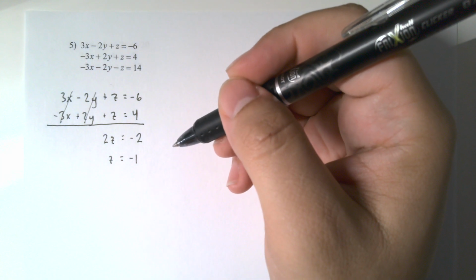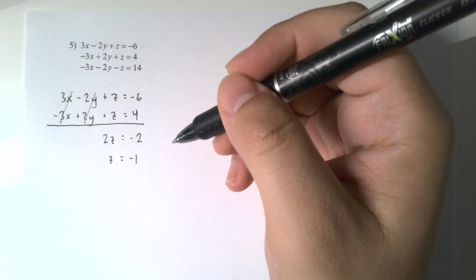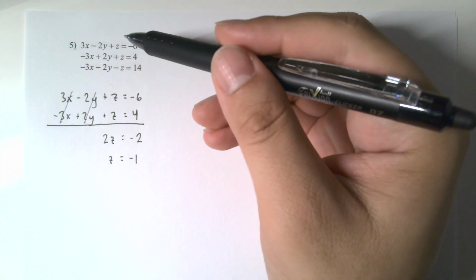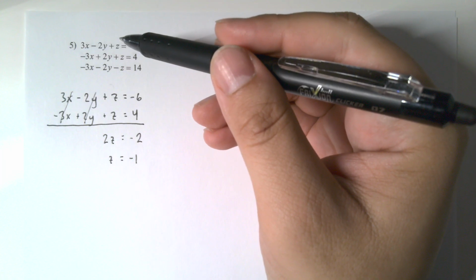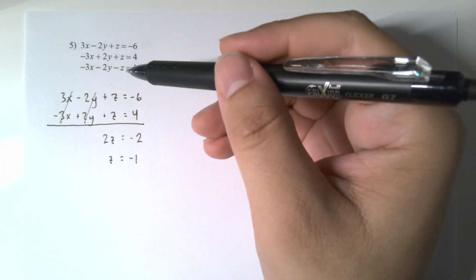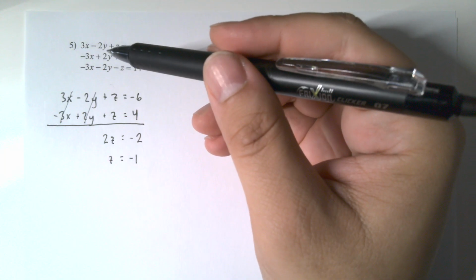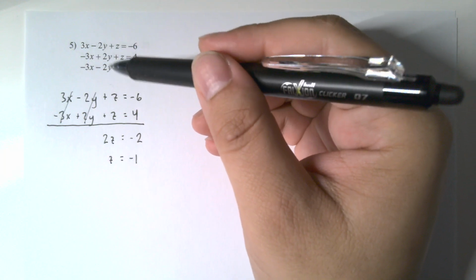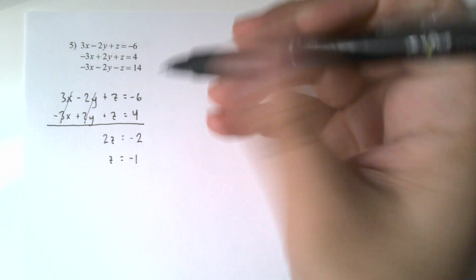Now that we know that z is equal to negative 1, okay, that's cool. Let's also see what happens if we, say, add equations 1 and 3 together. Because notice that the x's will cancel, but this time the z's will cancel too. We'll get an equation with just y.